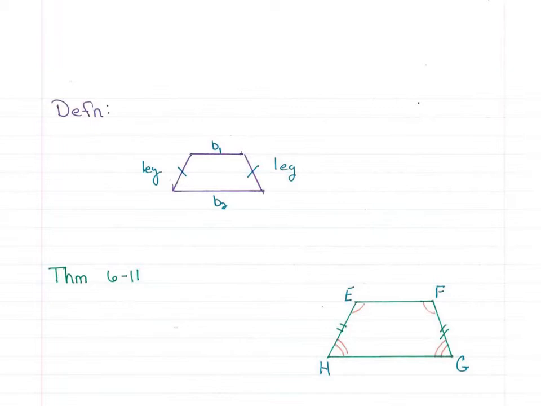An isosceles trapezoid has congruent legs.